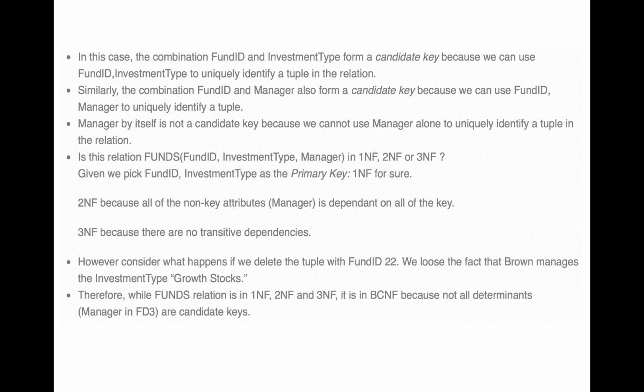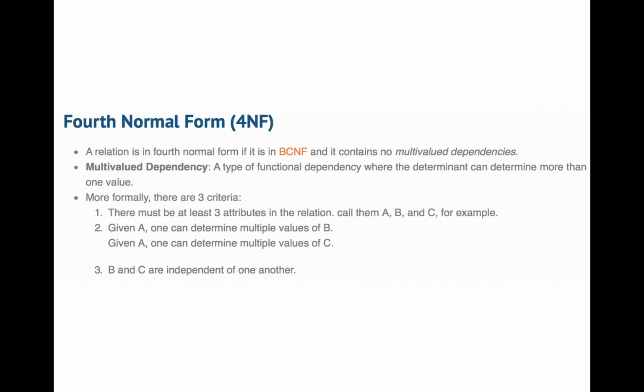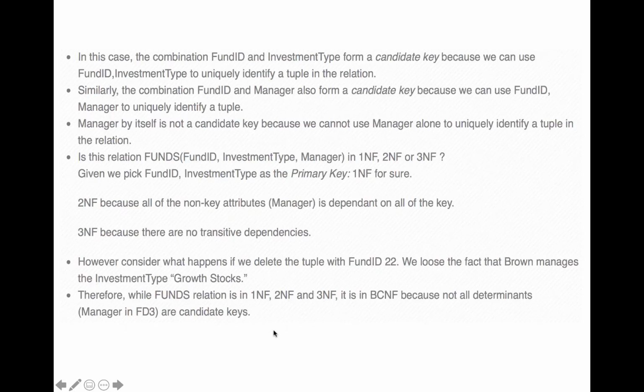What problem do we have? The problem is who is going to be the primary key and who is going to be the candidate key. The manager uniquely determines the investment type, and that's going to be the problem.